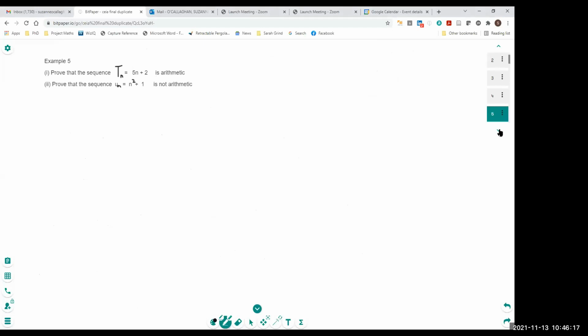So prove that the sequence t of n is equal to 5n plus 2 is arithmetic, and then prove that the sequence u of n is equal to n squared plus 1 is not arithmetic.